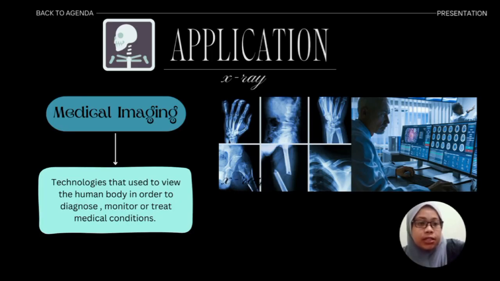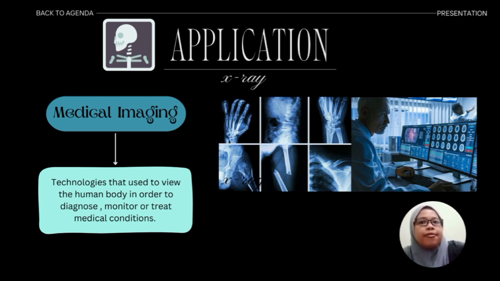So the application of X-ray is X-ray imaging. This imaging technique uses a small amount of controlled radiation to produce images of the human body interior. Because various organs absorb radiation differently, images reveal different areas of our body in either black or white.